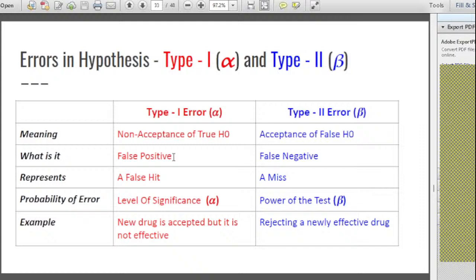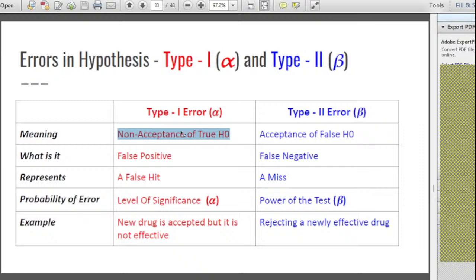Now, the difference between type 1 and type 2 error. Type 1 error: non-acceptance of a true null. Is this clear to all of you? Non-acceptance of a true null means rejecting a true null hypothesis, right? That is what we are doing.